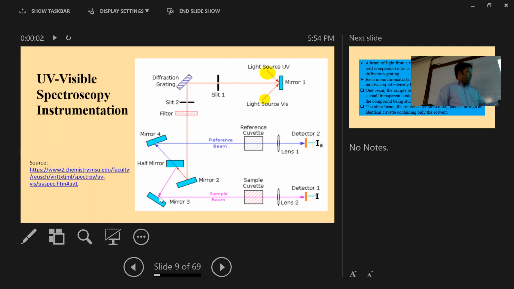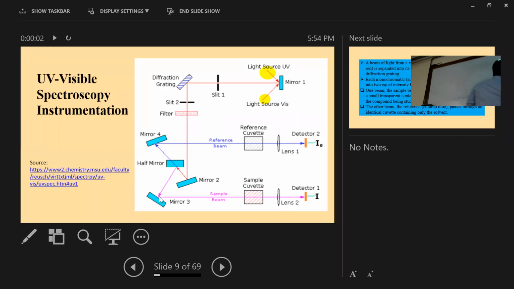So the 50% of the light is coming this way, and the sample that we want to analyze, whatever type of molecule we want to analyze, we will keep in a pot which is known as a cuvette.